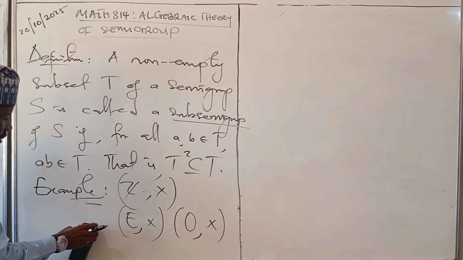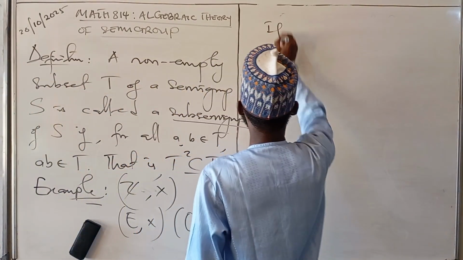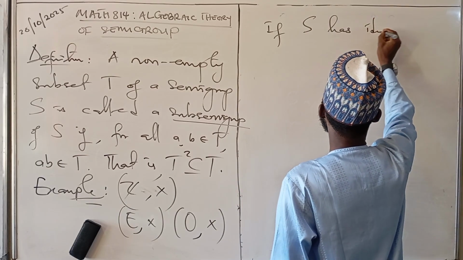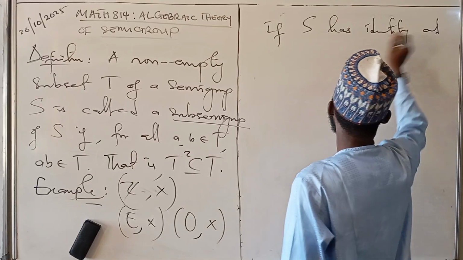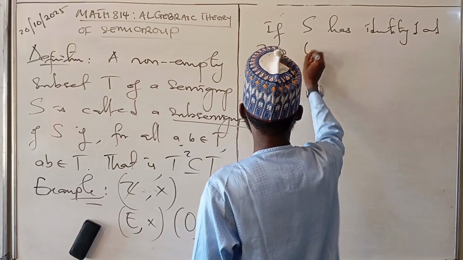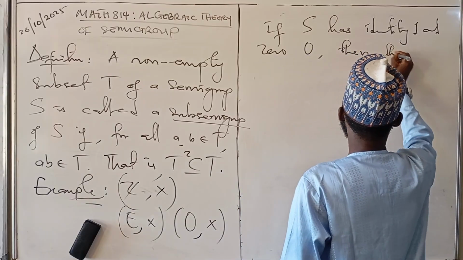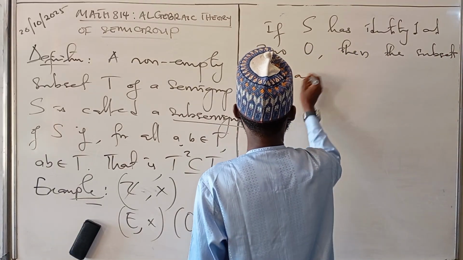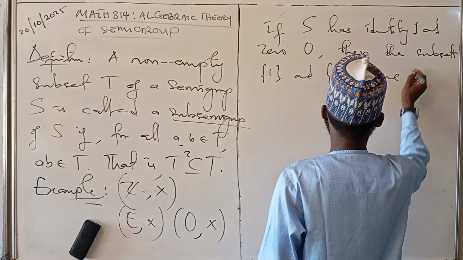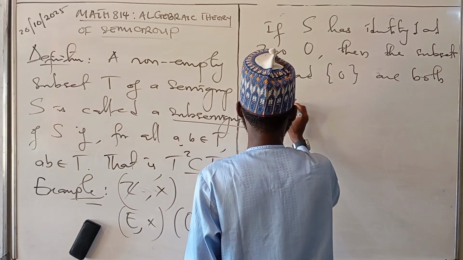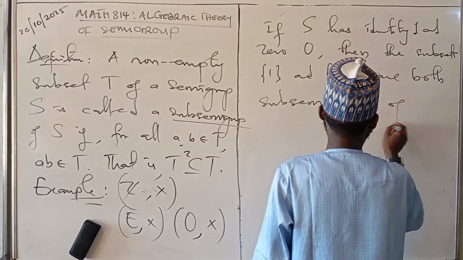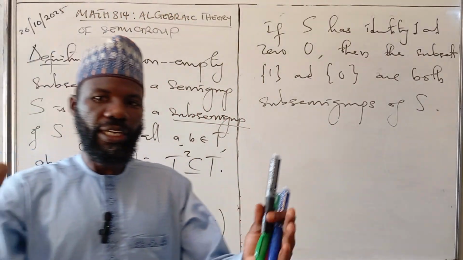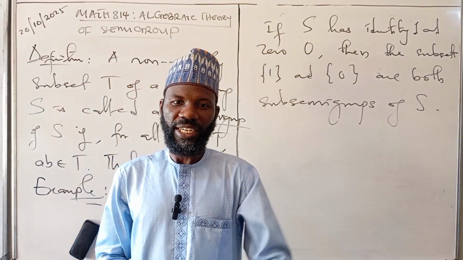Okay, let me give you more examples. If S has an identity element 1 and a zero element 0, then the subsets {1} and {0} are both subsemigroups of S. If you take the identity element of the semigroup as a singleton, whenever you multiply, you still get the identity back.